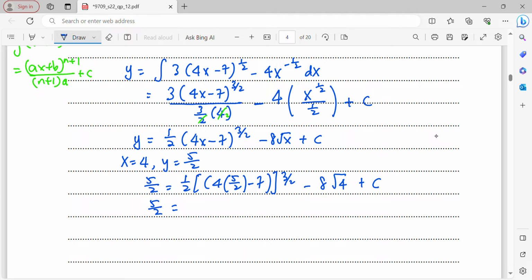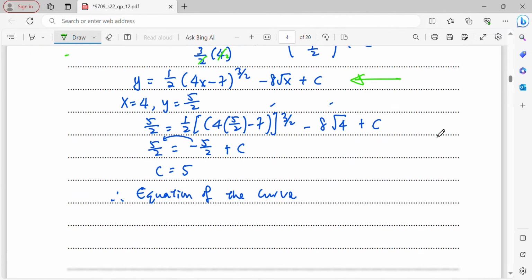For the first two terms, when I calculate in one shot, it will be negative 5 over 2. Just press the calculator. Then plus c. Now my c is 5 over 2 plus 5 over 2, that means it's 5. Therefore, the equation of the curve is found. So just substitute the c value that you have just found into this equation. That will be the final answer.